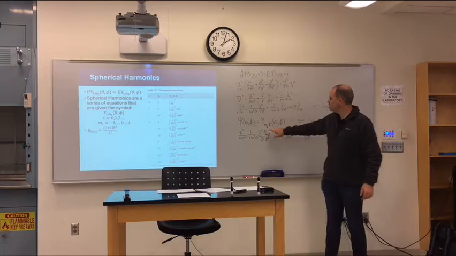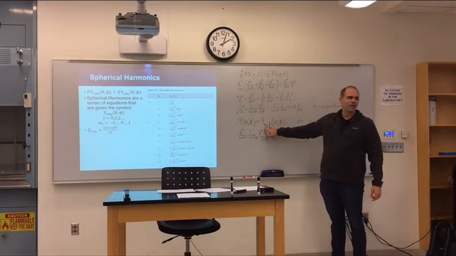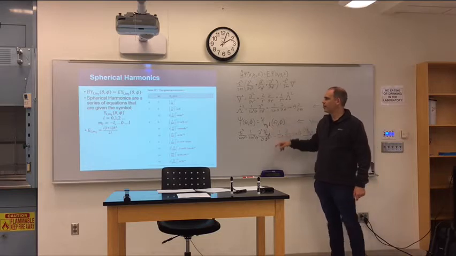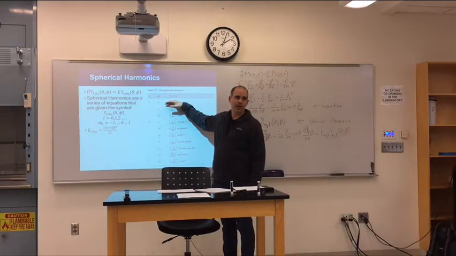So the reason that we're using the Y here is because we're specifying it in terms of two quantum numbers. This is essentially our wave equation, but we have to look up each one of these values, the ML value and the corresponding L value, to find our equation for the spherical harmonic.